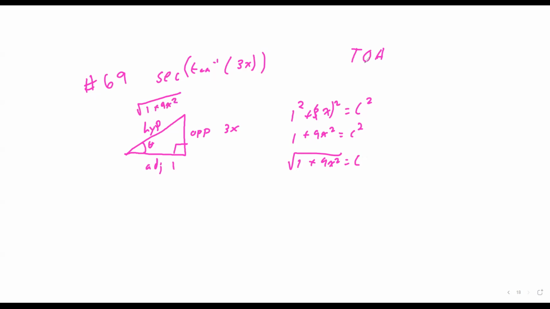And then secant is the opposite of cosine, and cosine is CAH. So secant would be equal to hypotenuse over adjacent. So we have the square root of 1 plus 9x squared divided by 1, which in this case can just be written as the square root of 1 plus 9x squared. Yep. All right, last one. We should have enough examples for your homework.